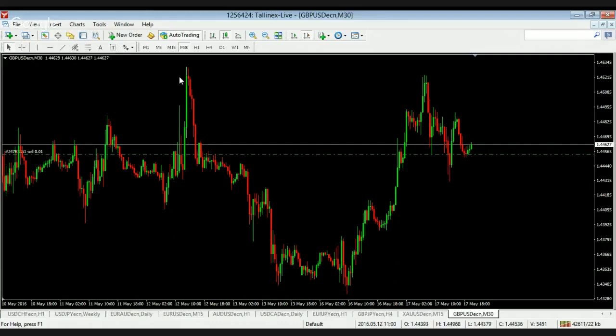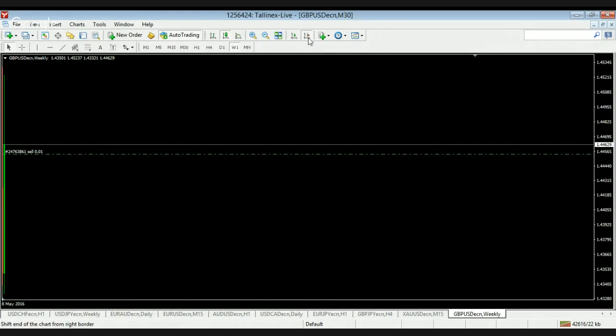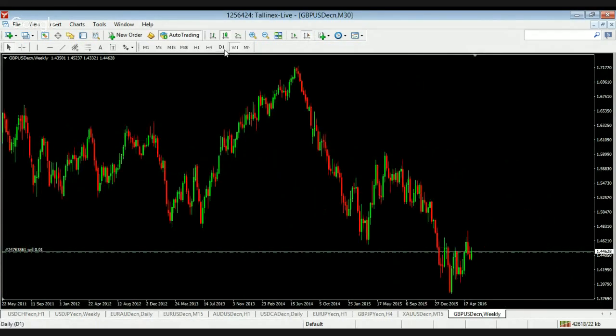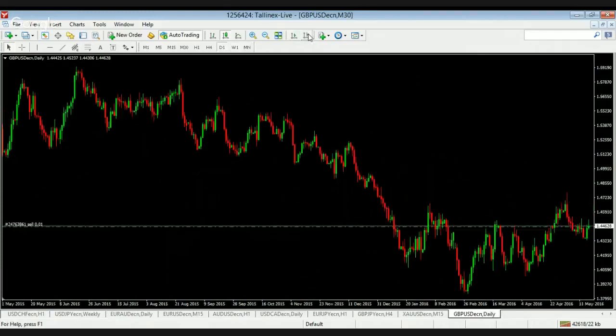The first thing you're going to do is find one of your favorite charts. My two favorite high time frames are the weekly and the daily, because that's what allows me to catch as many pips as I do. I love trading off the weekly and the daily, and then I use either the 4-hour or 1 hour for my entries.